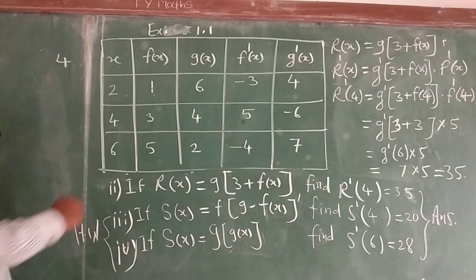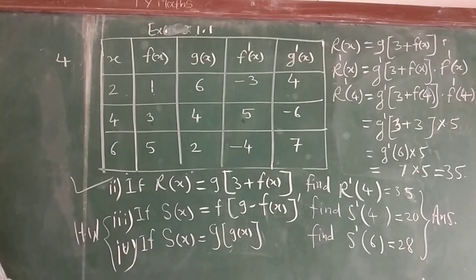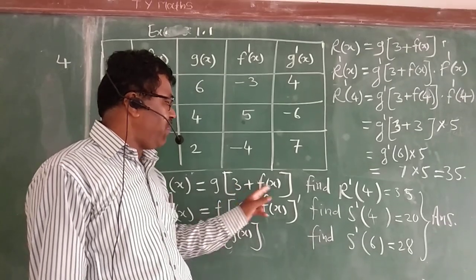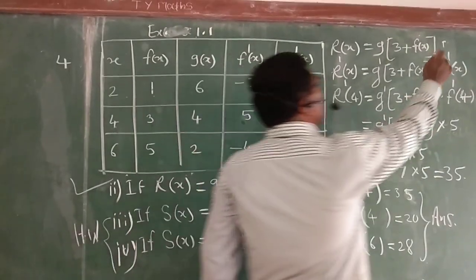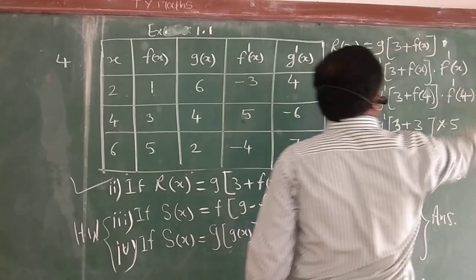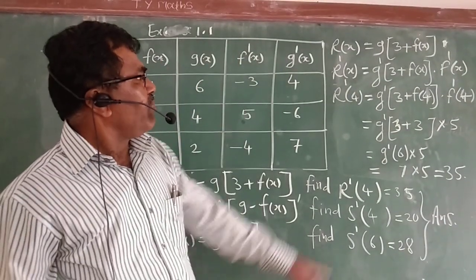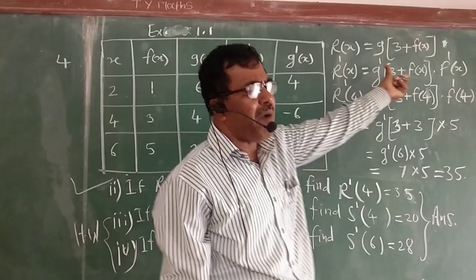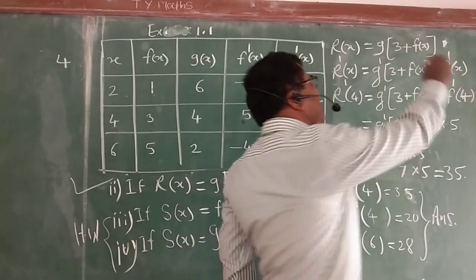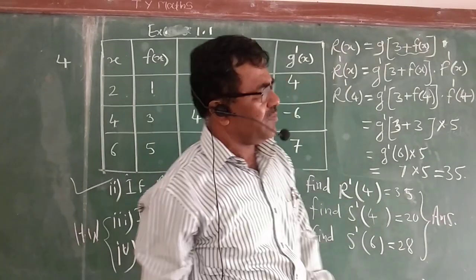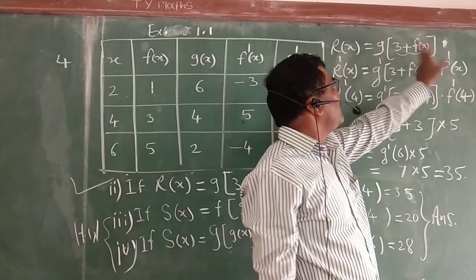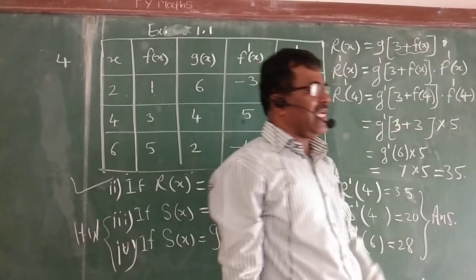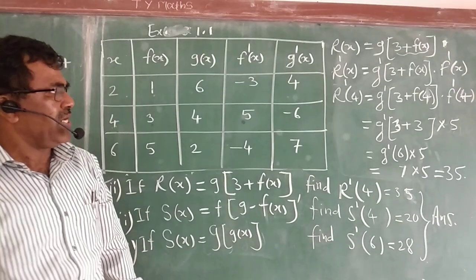Example number 2. If r of x equal to g of 3 plus f of x given. Now differentiating with respect to x, r dash x equal to g dash 3 plus f of x into derivative of f of x. Derivative of 3 is 0, therefore f dash x. Note this step.